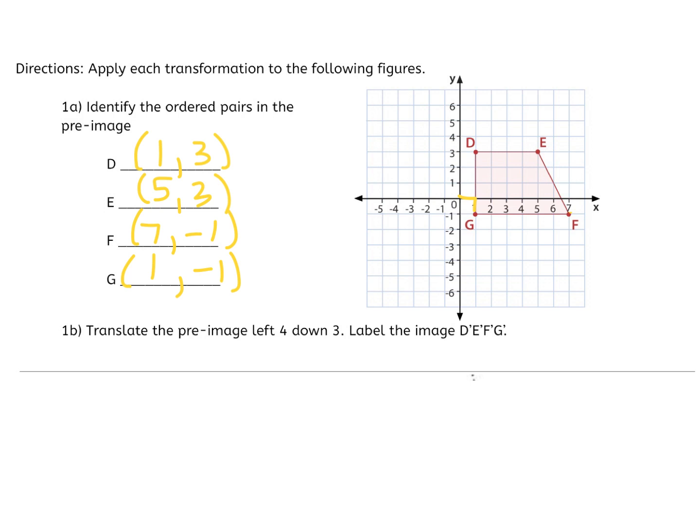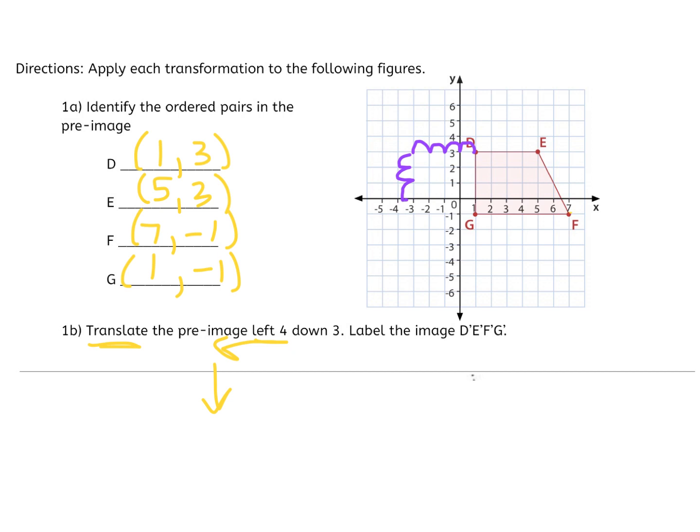Okay, now we're going to perform a translation, which is a slide. We're going to slide the figure to the left 4 and down 3. So the whole figure will go to the left 4 and down 3. I'm going to do this point by point. Beginning with D, I'm going to go to the left 4 and then down 3.